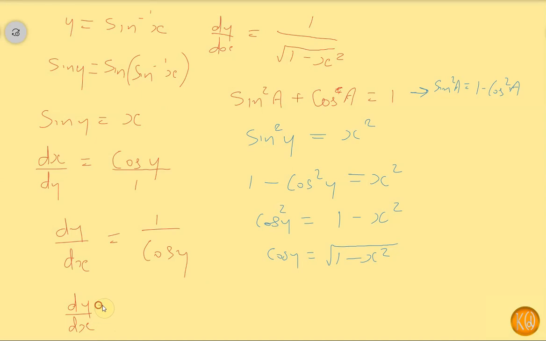So therefore we would have dy dx is equal to 1 over the square root of 1 minus x squared, and that's basically an explanation to how this result came about.